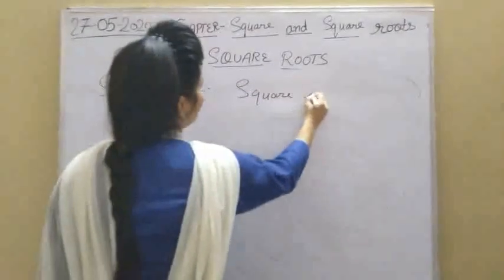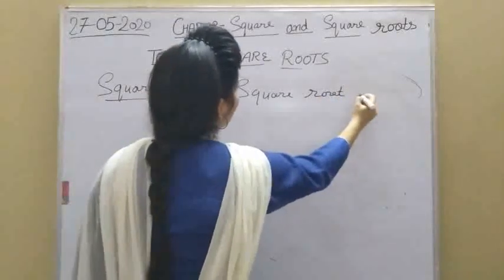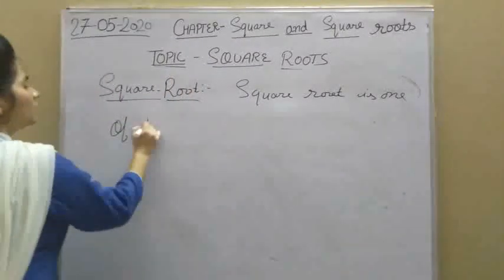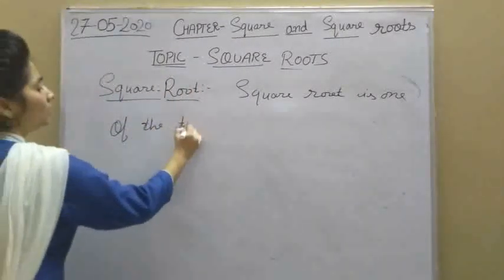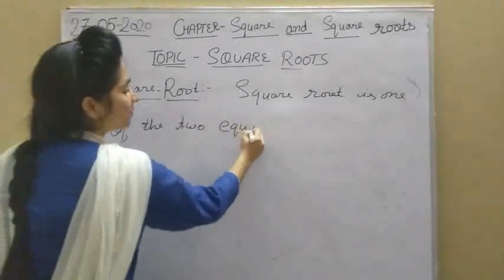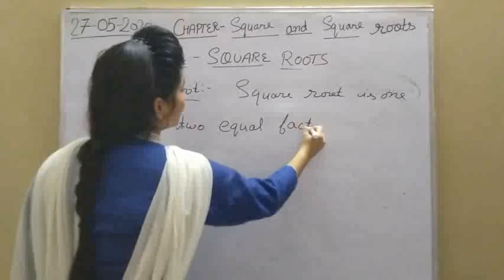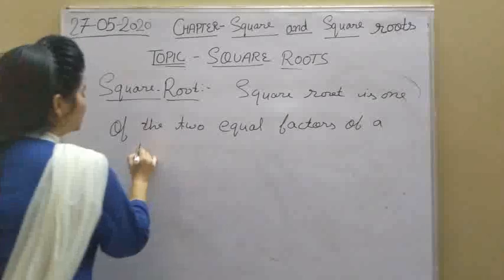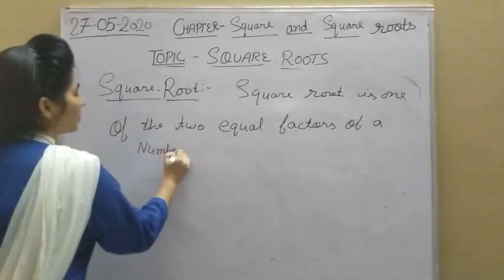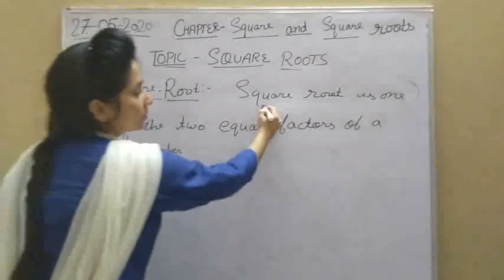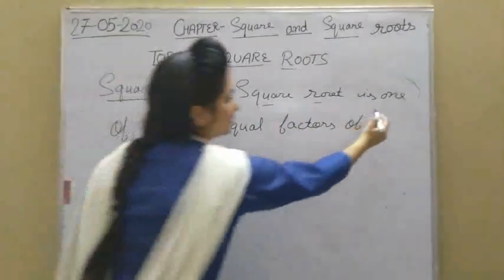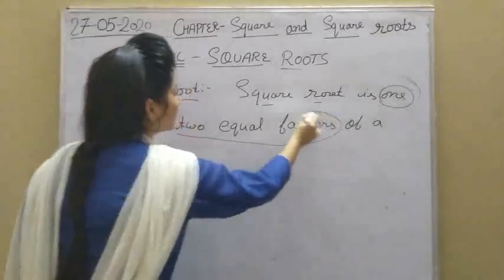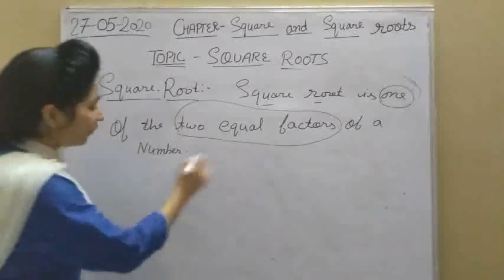Square root is one of the two equal factors of a number. Square root is one of the two equal factors of a number.